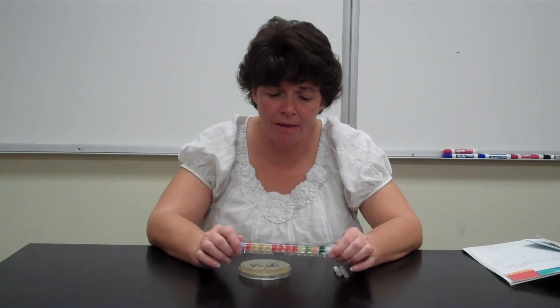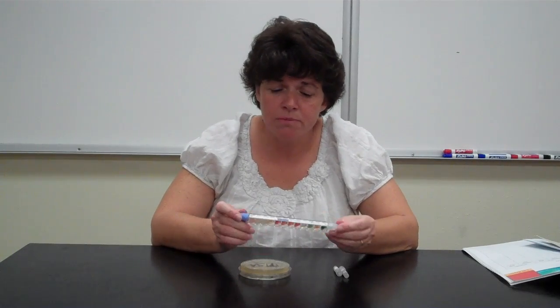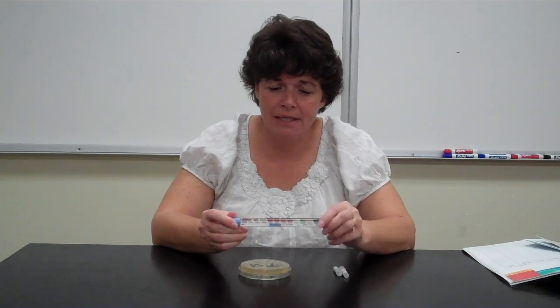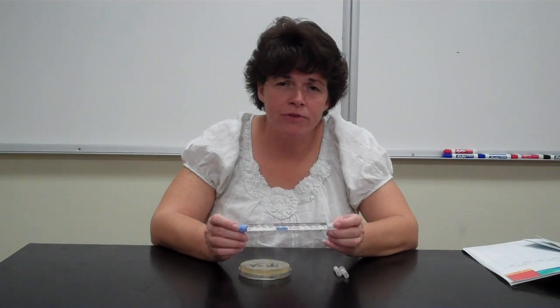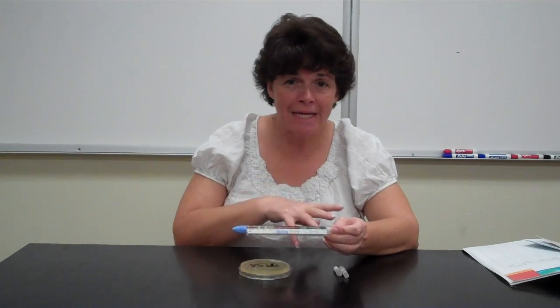The other thing is it's easier to use because it has multiple tests in it. And if you recall, we've gone through this whole process of using staining techniques to identify a bacteria, using biochemical tests to identify a bacteria, and we went step by step by step. We did fermentation tests, we did protein catabolism, we did differential media.